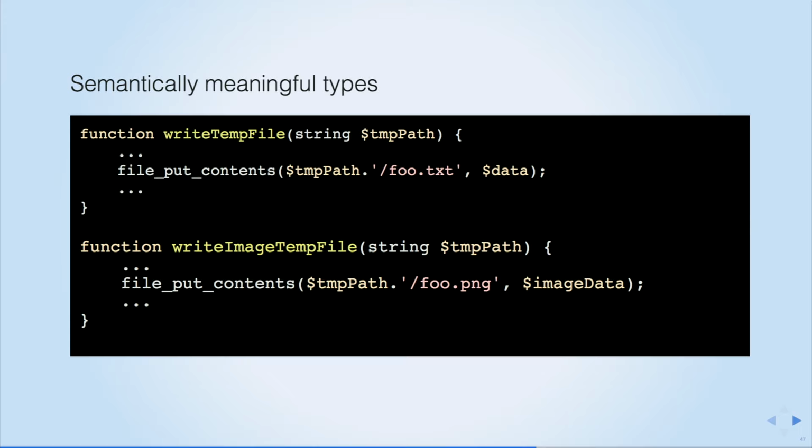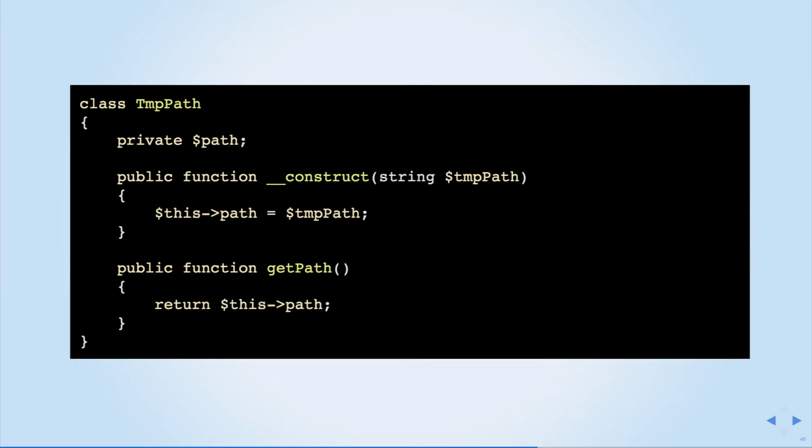We can extract a type from this. Instead of passing in a string directly, we extract a type called TempPath. Again, not a very complicated class. All it does is take a temp path in a constructor and return it when we ask for it. And we could create a separate one for the ImageTempPath.